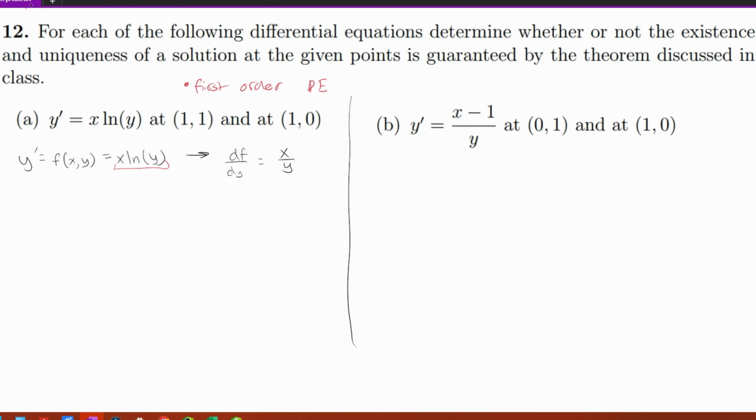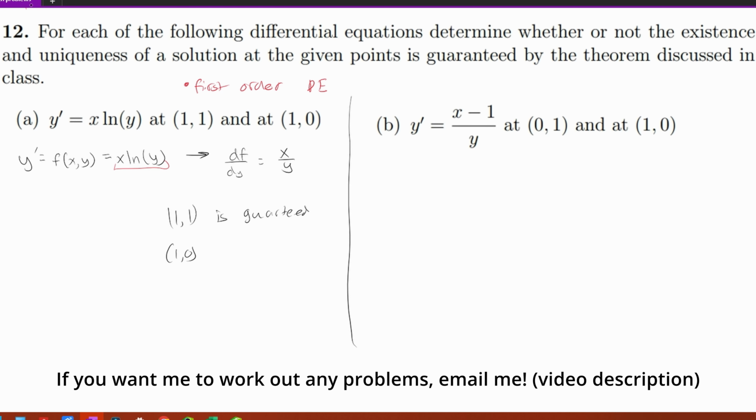And from here, if we plug in our values, we are going to see that (1, 1) is guaranteed and (1, 0) is not guaranteed. The exclamation mark in front of it means not, but you could just say isn't guaranteed. So that one is, that one isn't guaranteed.